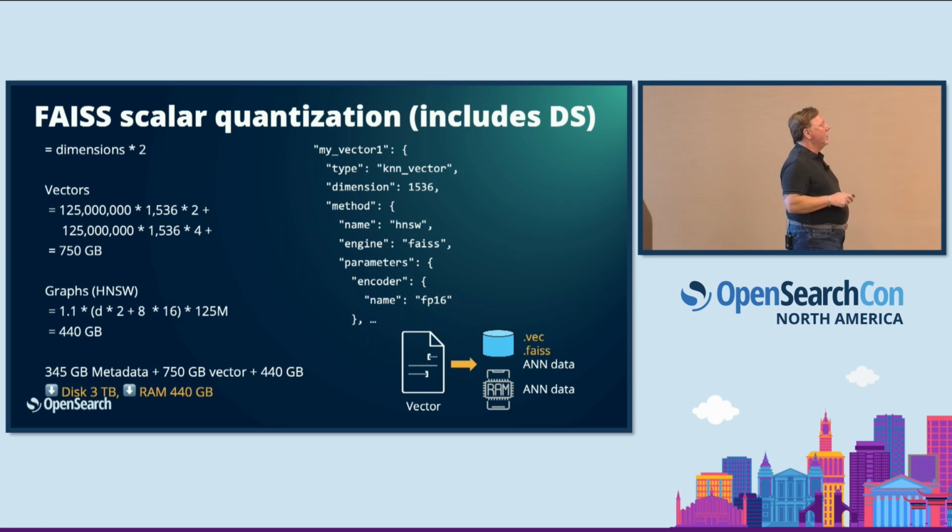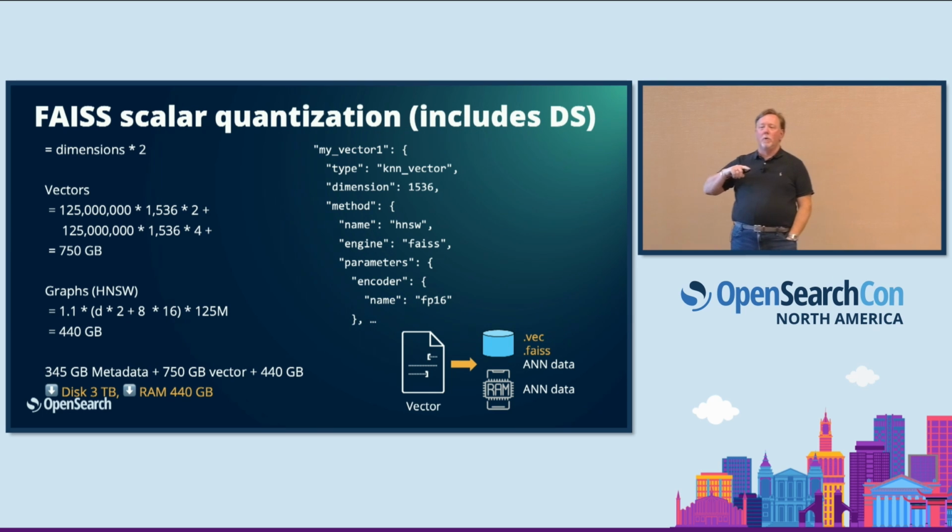All right. Now, we also have quantization methods that OpenSearch can employ. In particular, this is the FP16 for the Faiss engine. This reduces to 2 bytes per dimension. Okay, they're floating point, but they're 2 bytes. When we do that, our on disk is going to be dimensions times 2 bytes per dimension.